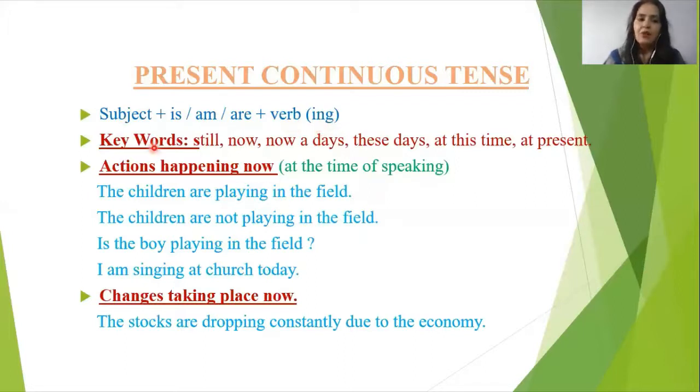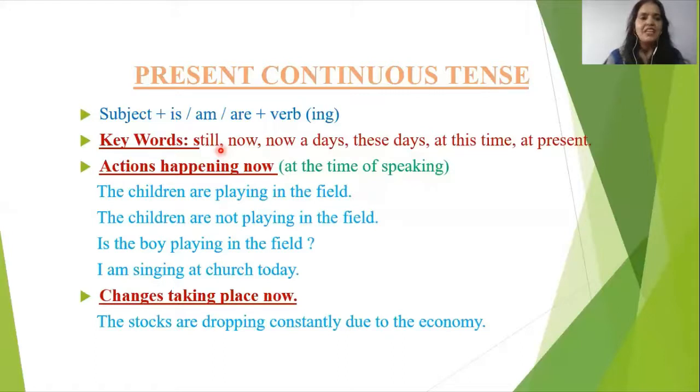Keywords: how will you recognize this is the present continuous? These words will help you. Which? Still, now, nowadays, these days, at this time, at present. All these words will help you to understand, okay, this is continuous tense.